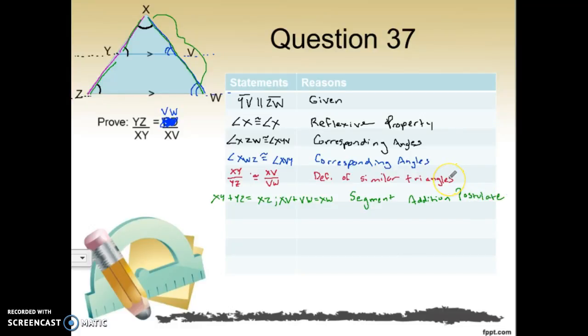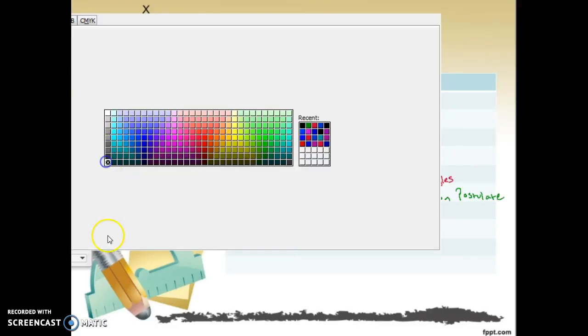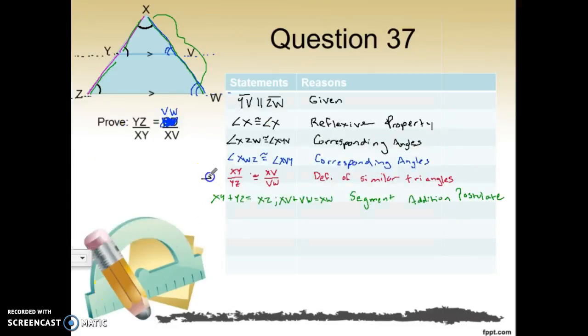All right, so we're doing good so far. Now we're just going to substitute that back into this.